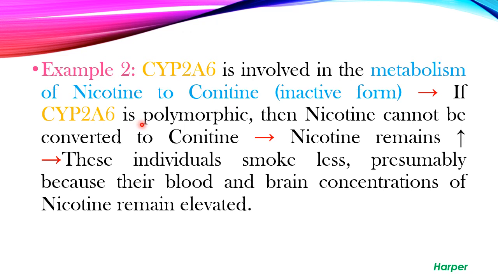But if CYP2A6 is polymorphic, which means that it has been genetically modified or its structure has been altered, then this CYP2A6 won't be able to convert nicotine into cotinine, as a result of which nicotine in its active form would remain high. Now these individuals, especially smokers, would smoke less because their blood and brain concentrations of nicotine would be elevated, and there is no more need of nicotine or tobacco.